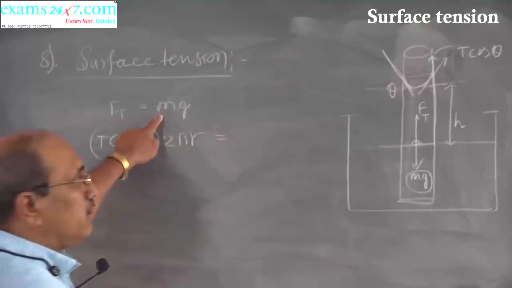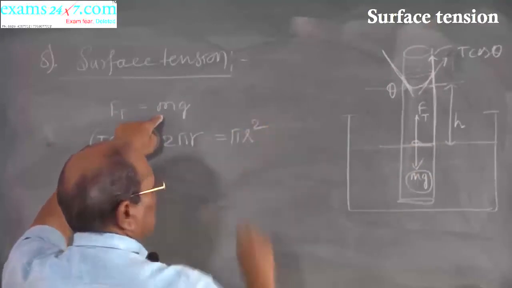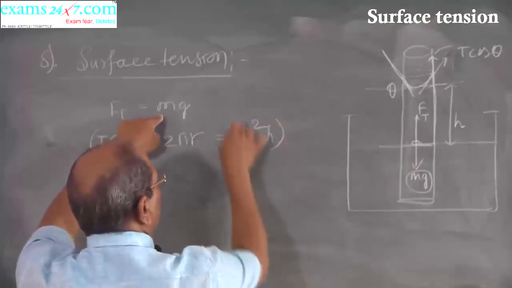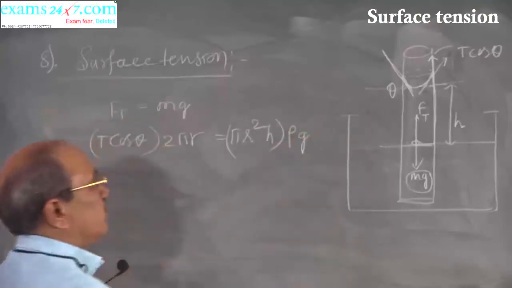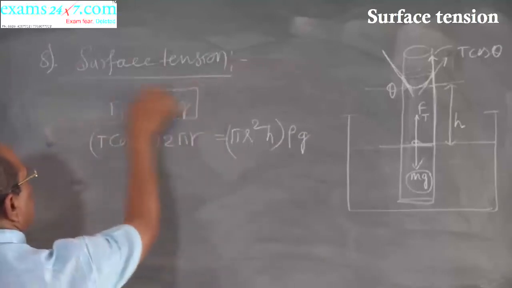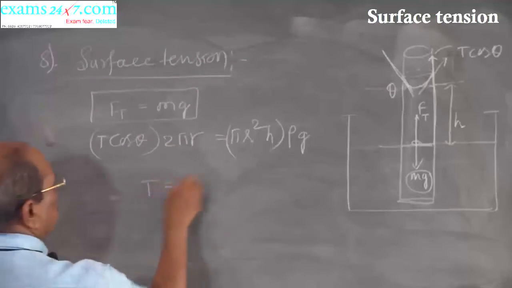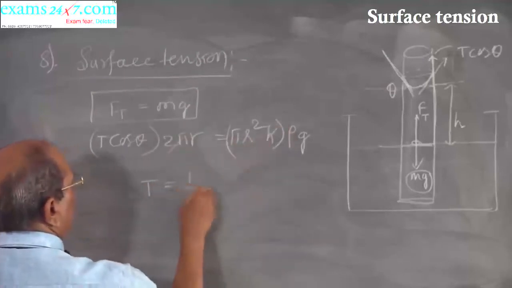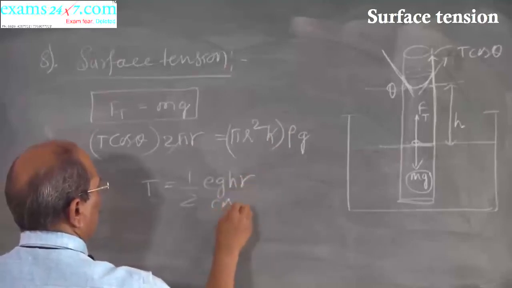Here the weight, if r is the radius, pi r square is the area, into height gives you the volume, into density into g. So that gives you a relation. If you have forgotten, you can take this and arrive at the expression for surface tension. So T is equal to, pi cancels, half rho g h r by cos theta.